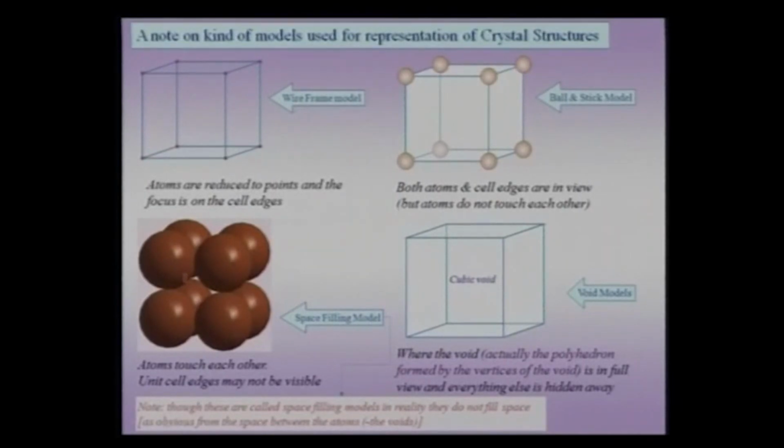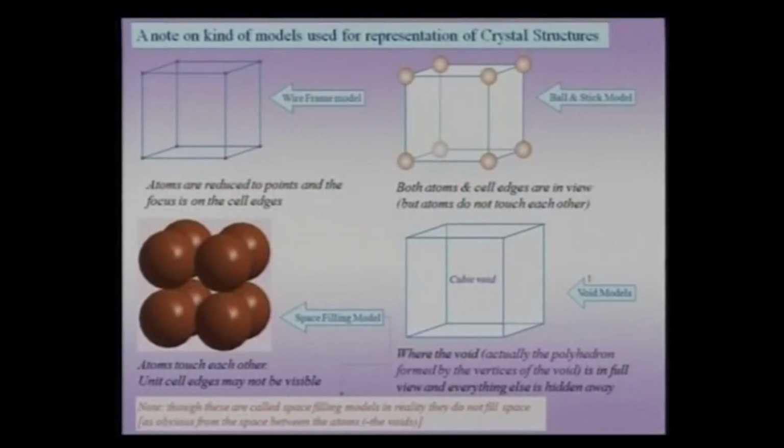Finally, there is an extreme kind of model, called a void model, in which the void is in full view, and in the case of a cubic crystal, suppose I try to put an atom right at the center of this unit cell, the position of that center would be half, half, half.